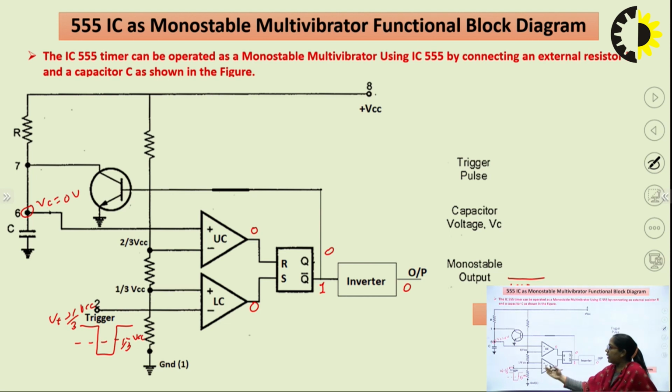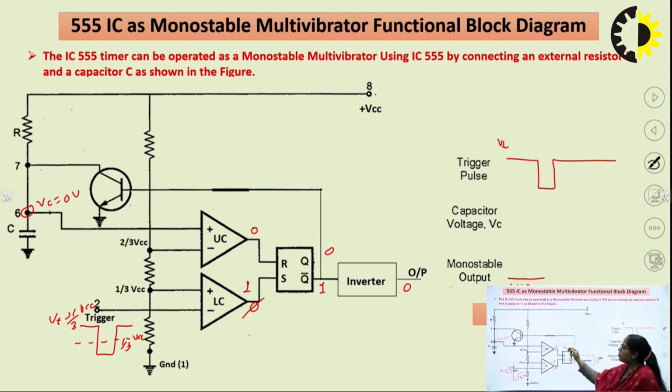Now the moment I apply the triggering pulse Vt, whose magnitude in the negative direction is much lesser than 1/3 of Vcc, the potential at the inverting terminal will become lesser than the potential of the non-inverting terminal. So the output of the lower comparator now will switch from logic 0 to logic 1.